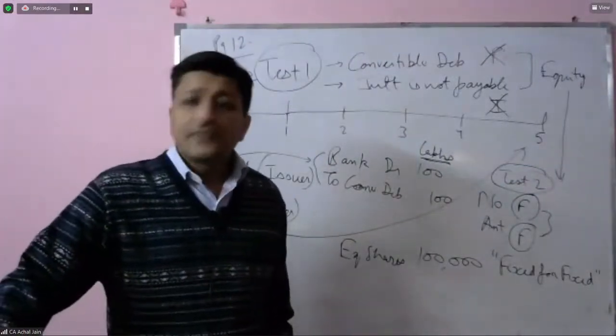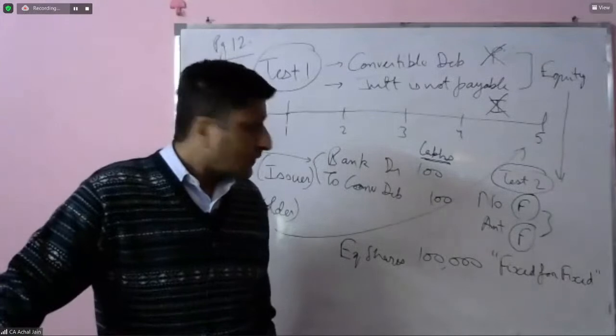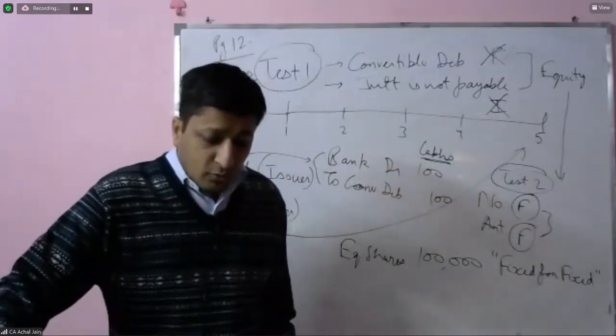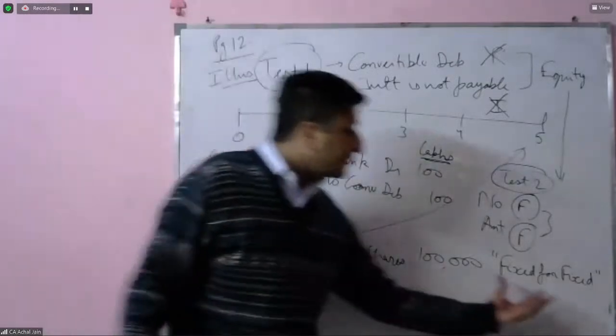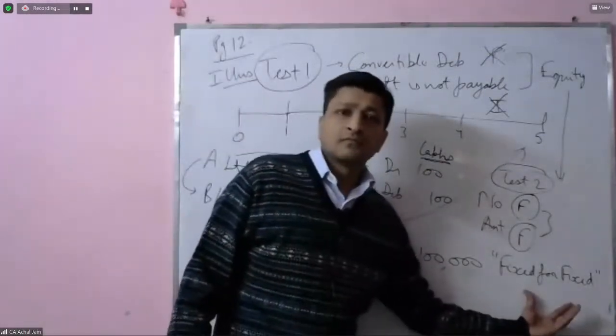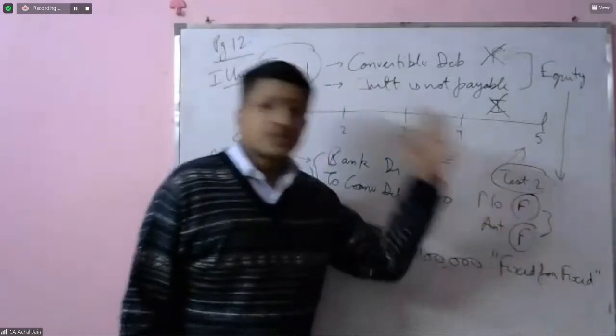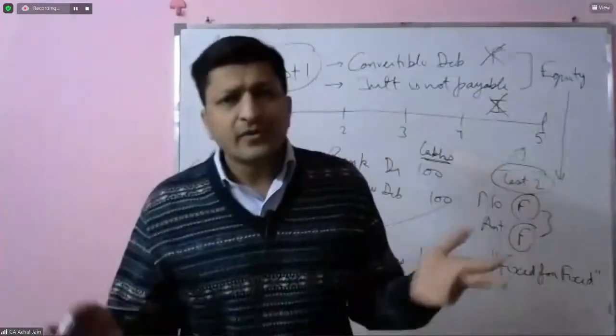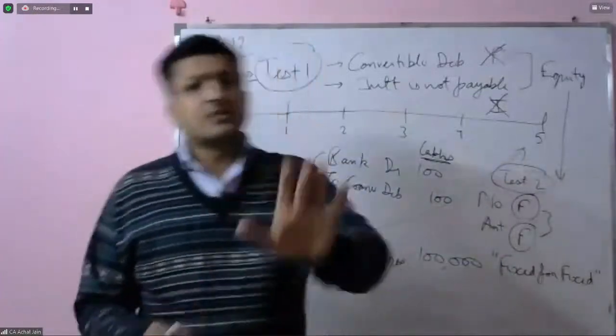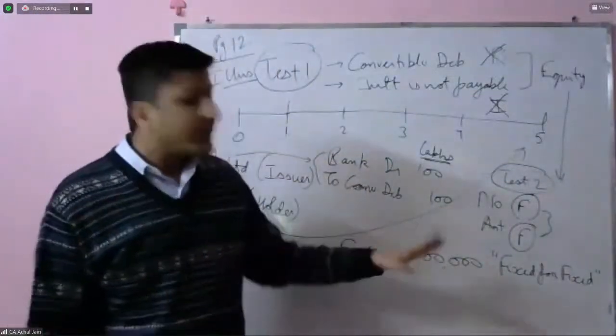Fixed for fixed. So whenever it is fixed for fixed, it means both these things are fixed, and don't get into the language around it. This is how it has been called.